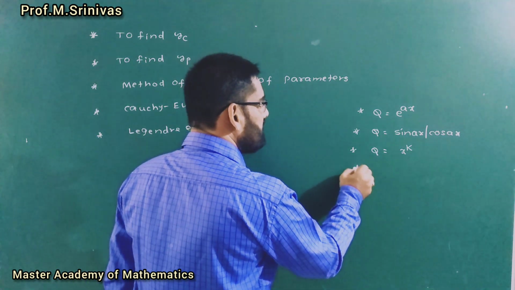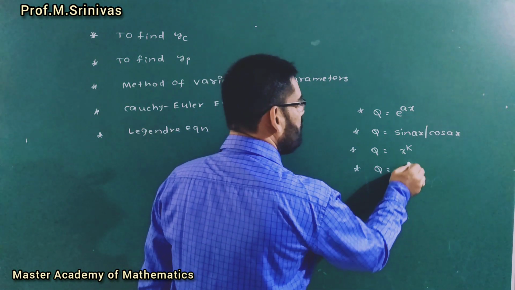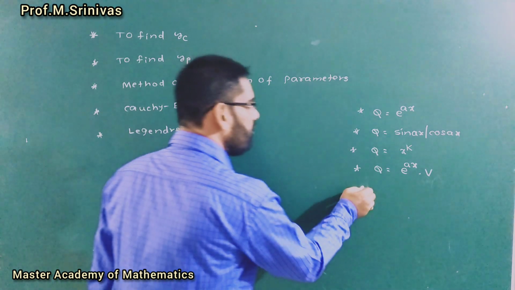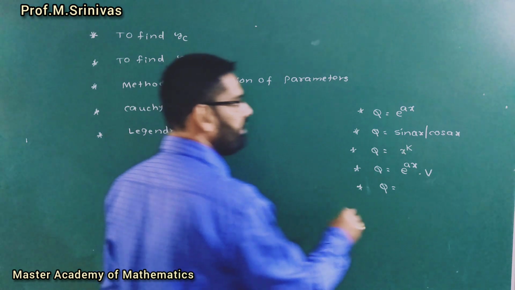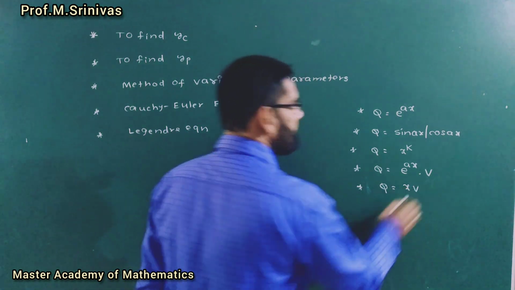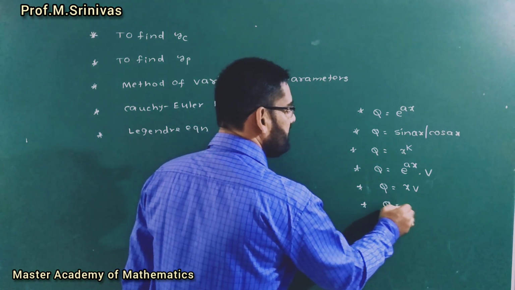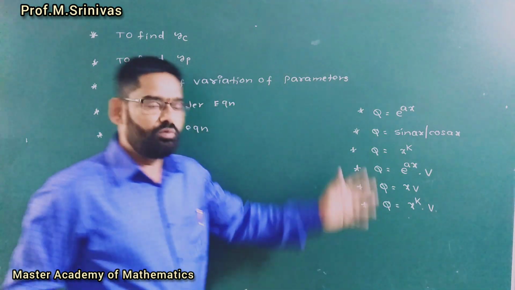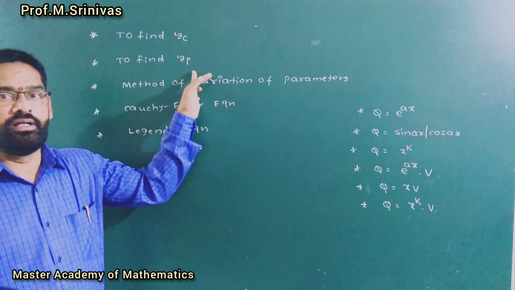The fourth is when the right hand side looks like e to the power of ax into V. The fifth is when the right hand side looks like x into V. And one more is when the right hand side looks like x to the power of k into V. These are the overall 6 different procedures to calculate YP.